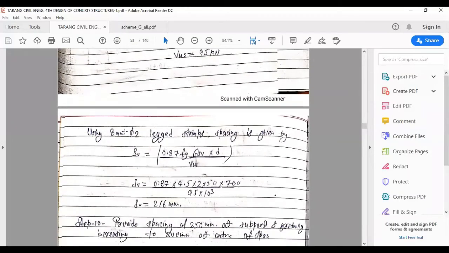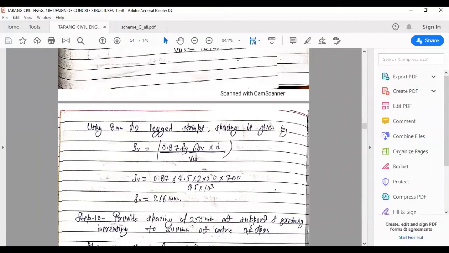Now using 8 mm dia 2-legged stirrups, the spacing is given by the formula Sv equals 0.87 Fy Asv d upon Vus.